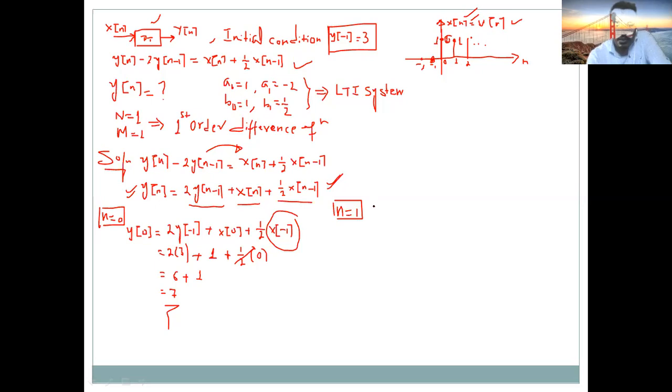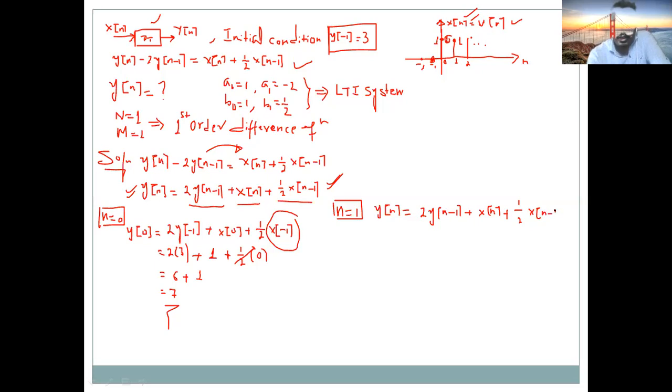What is y of n? y of n is equal to 2 times y of n minus 1, the equation is given, plus x of n plus half x of n minus 1.